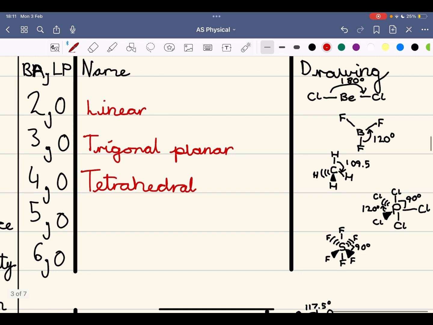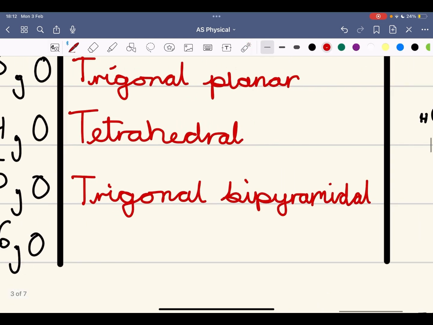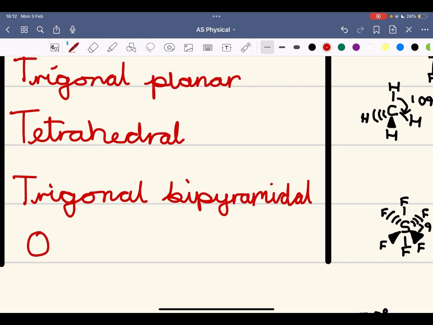And then we have trigonal bipyramidal. Okay, so tri and bi, so we have 3 plus 2, which equals 5. And then 6,0 is called octahedral.